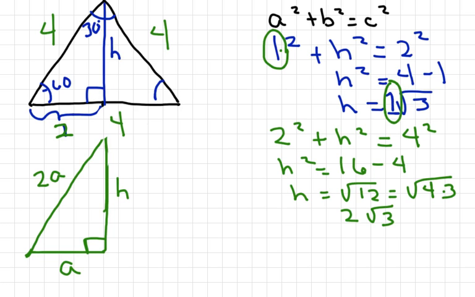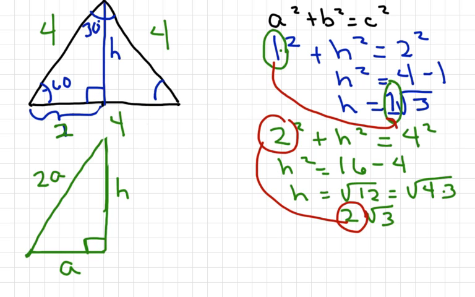Please notice that, as usual, my A, 2, matches the 2 here. So these match here. These match here. Now, if I change this up and change all this to 6, so I have 6, 6, and 6.